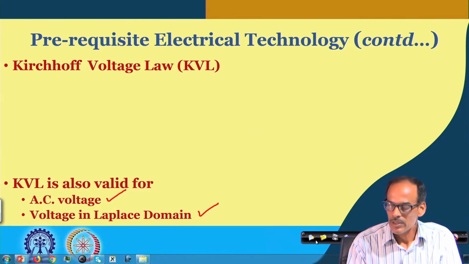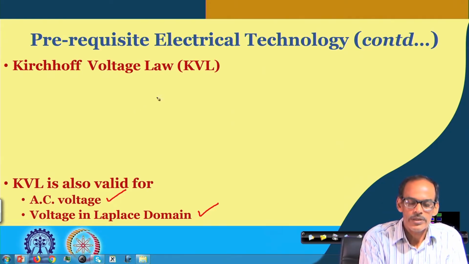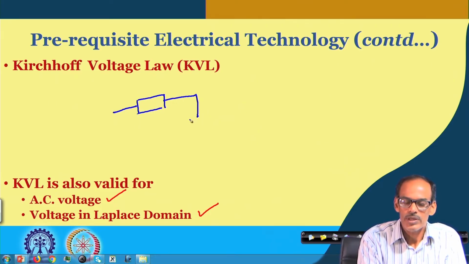So, quickly, just to complete that, in KVL, suppose you have a circuit where multiple elements are connected together, forming a closed loop.